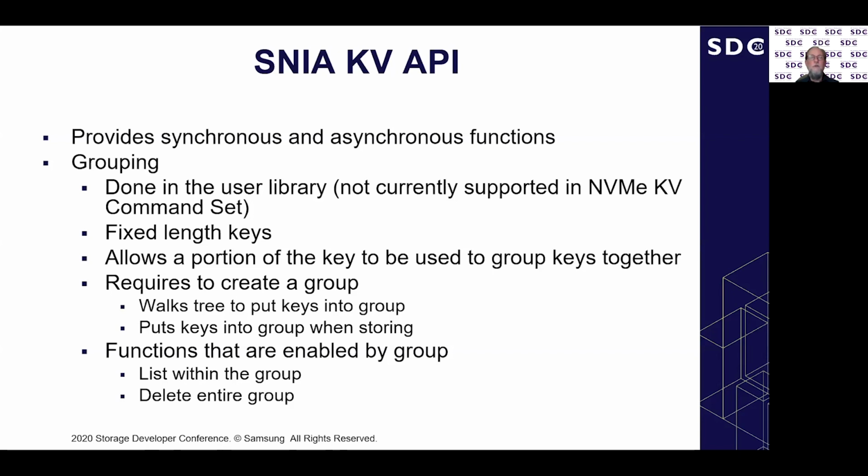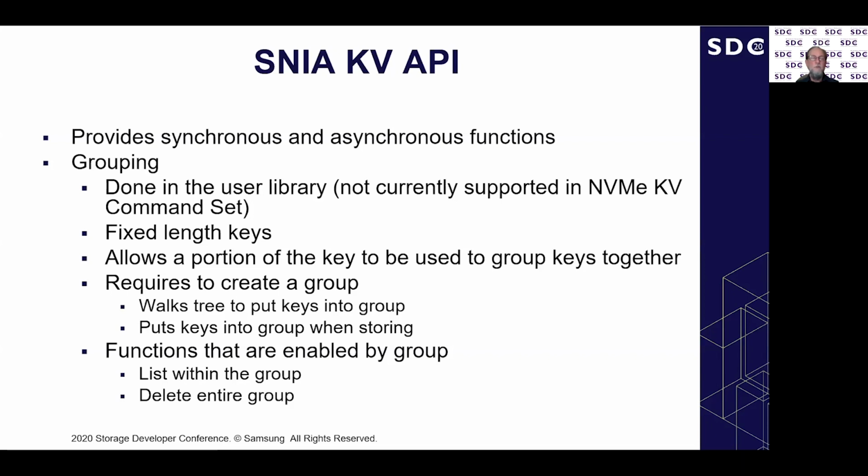The other thing that the Key Value API provides that is not part of the NVMe Key Value Command Set is grouping. This is done in the user library because it's not currently supported in the KV Command Set. In order to do grouping, you must have fixed length keys.